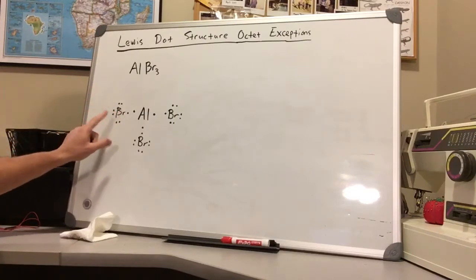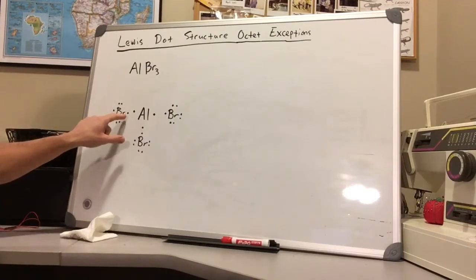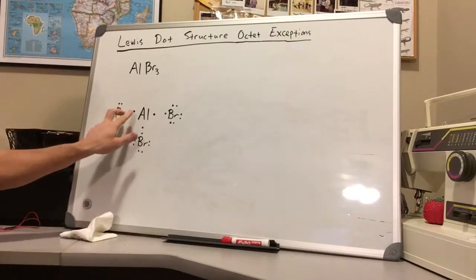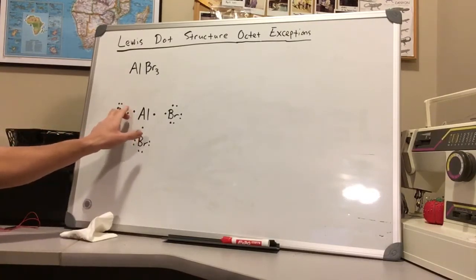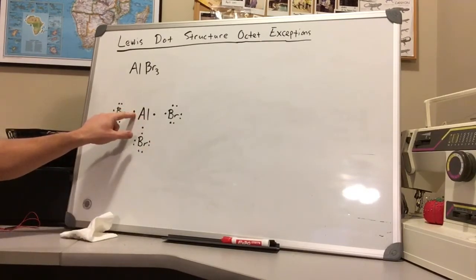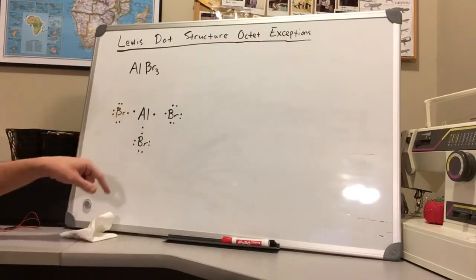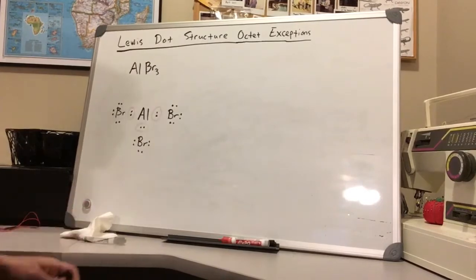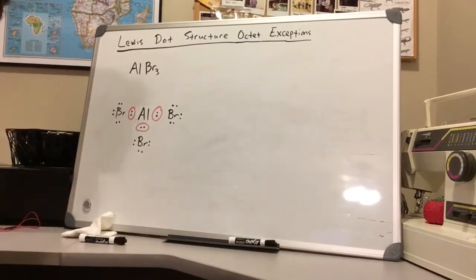Bromine is just missing 1 electron in order to have its octet. And so bromine and aluminum are going to share these 2 electrons for each. So aluminum is going to share this electron with bromine, bromine is going to share this electron with aluminum for all of our interactions here. Since they're sharing these electrons, we can represent these as single covalent bonds.